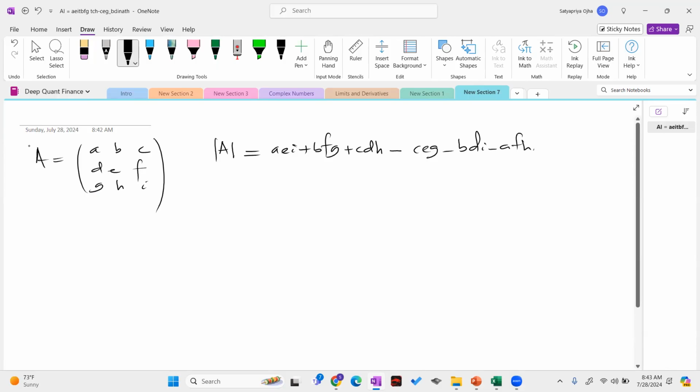This is the determinant, right? Typically, we just work with the first row and we get the expression. Today, let's work with the second row. Forget about ABC, just work with DEF, okay?